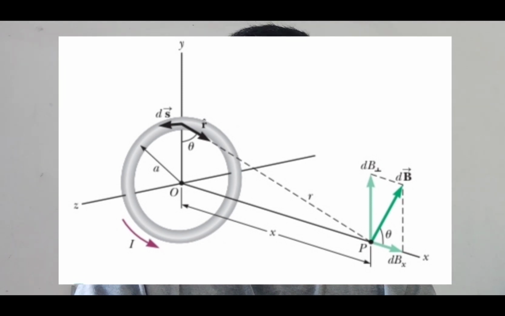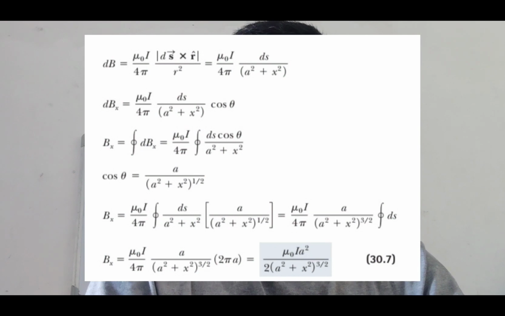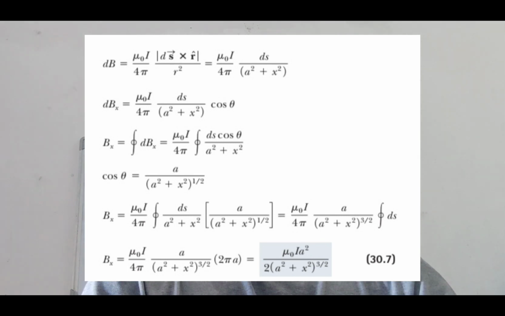Furthermore, all length elements around the loop are at the same distance r from P, where r squared is equal to a squared plus x squared. So, use equation 30.1 to find the magnitude of dB due to the current in any length element ds. dB is equal to mu sub 0 I over 4 pi times ds cross r hat over r squared, which is equal to mu sub 0 I over 4 pi times ds over a squared plus x squared.